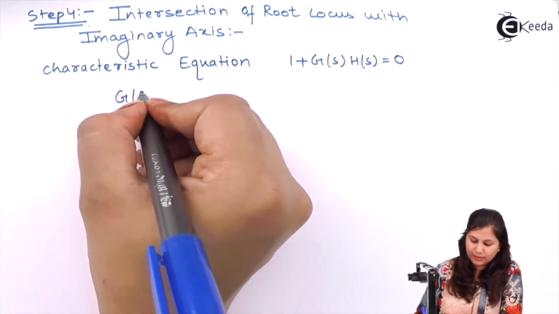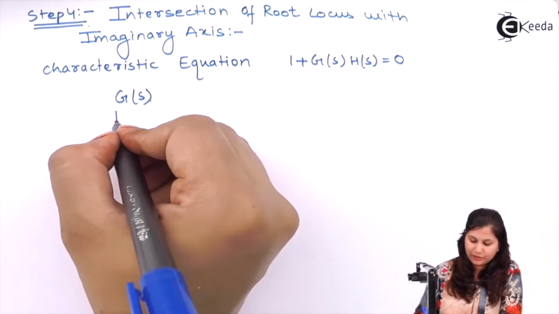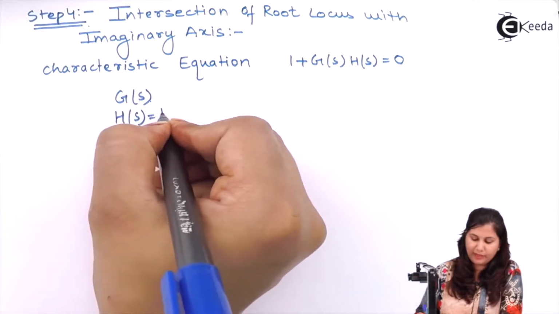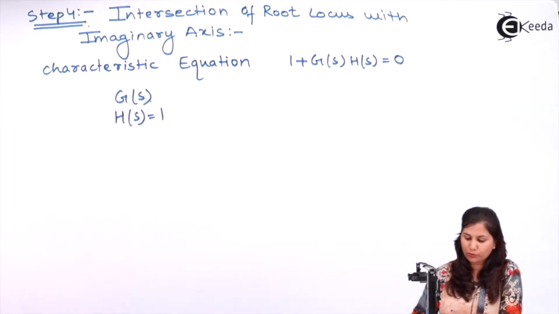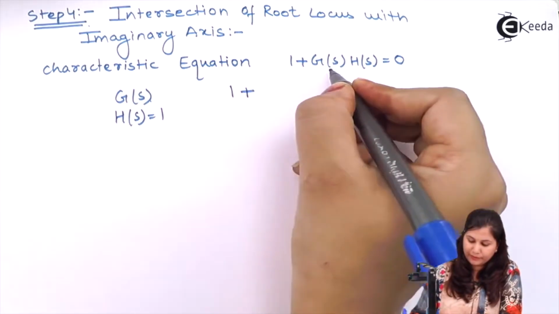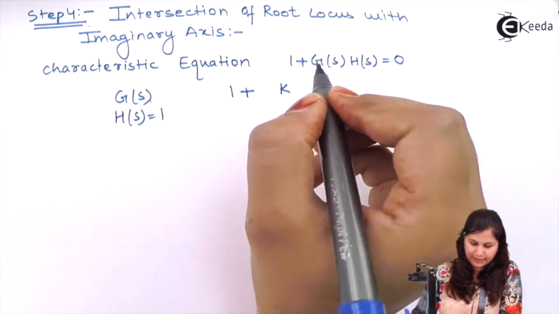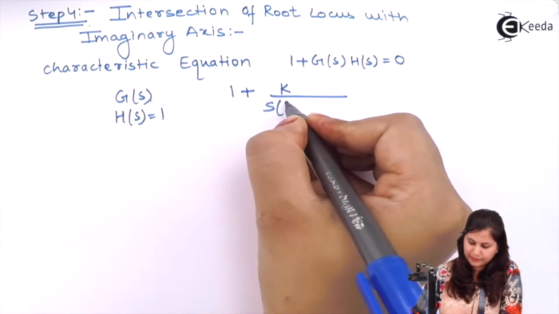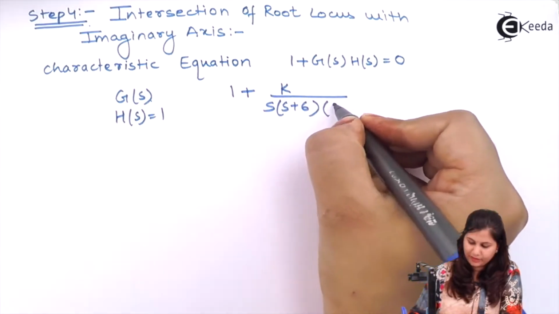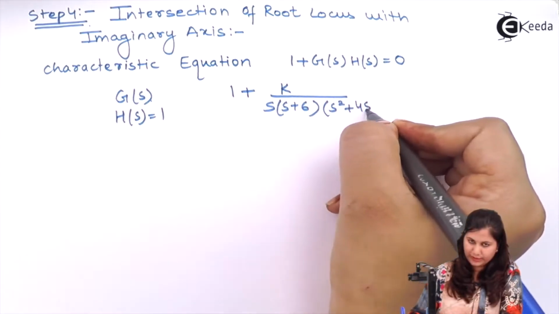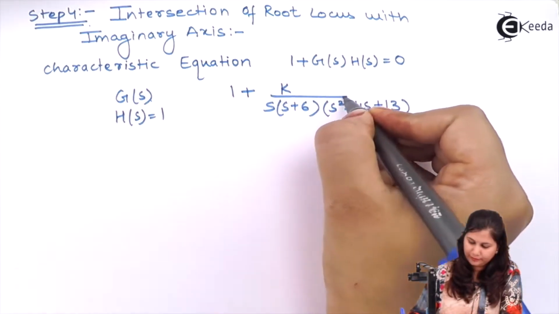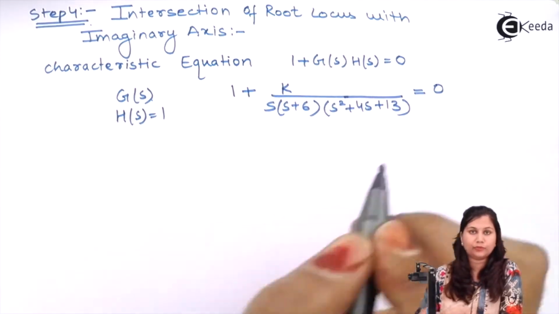G(s) is given to us in the question, and because it is a unity feedback system, H(s) will be equal to 1. We find 1 plus G(s)H(s), that is K upon s, s plus 6, and then s squared plus 4s plus 13 equals 0.